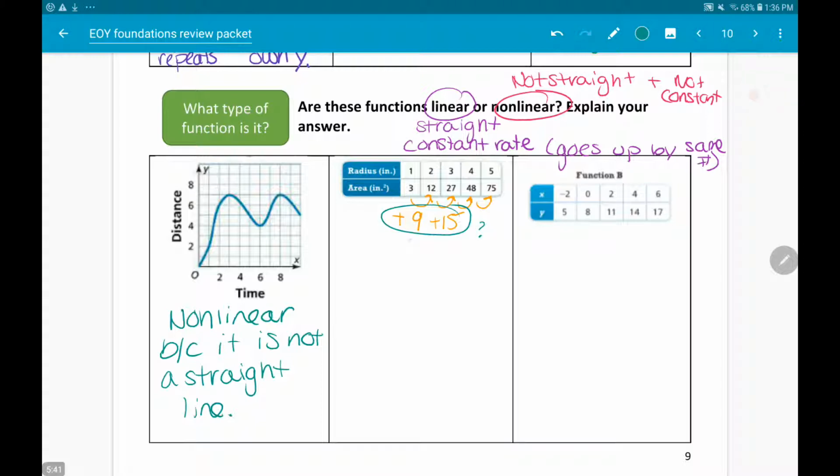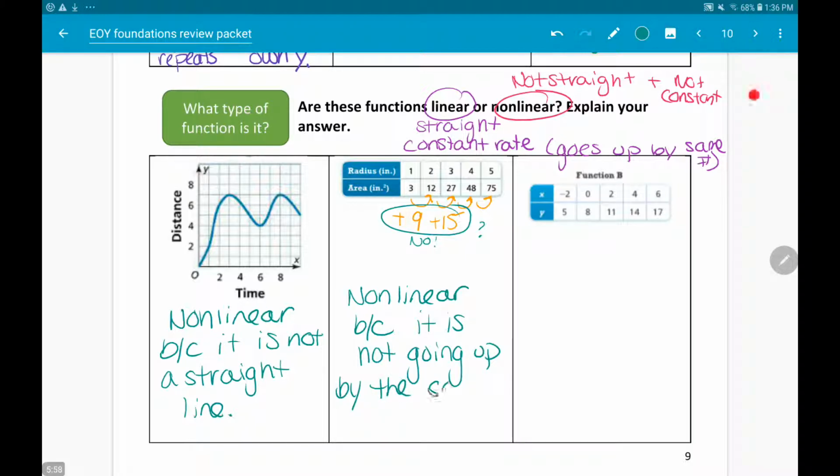No. So this is nonlinear because we say it is not going up by the same number, so it is not constant. I know that seems annoying to write, but it's super important. We are very specific.